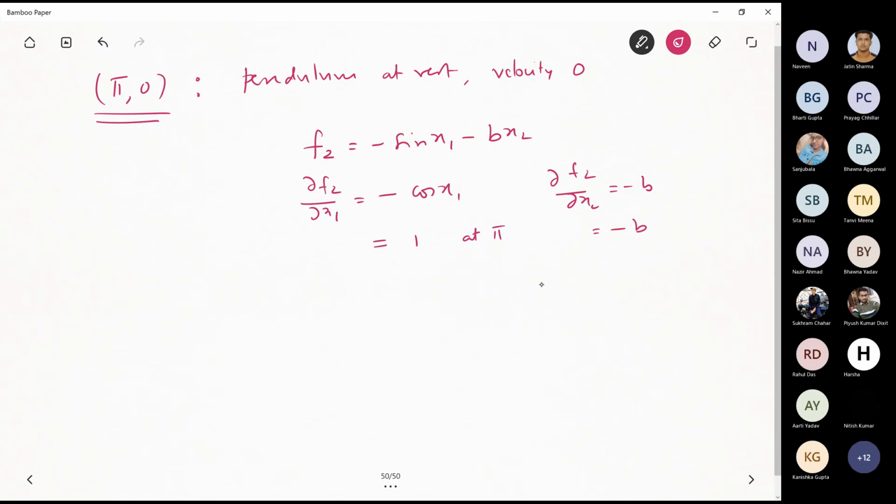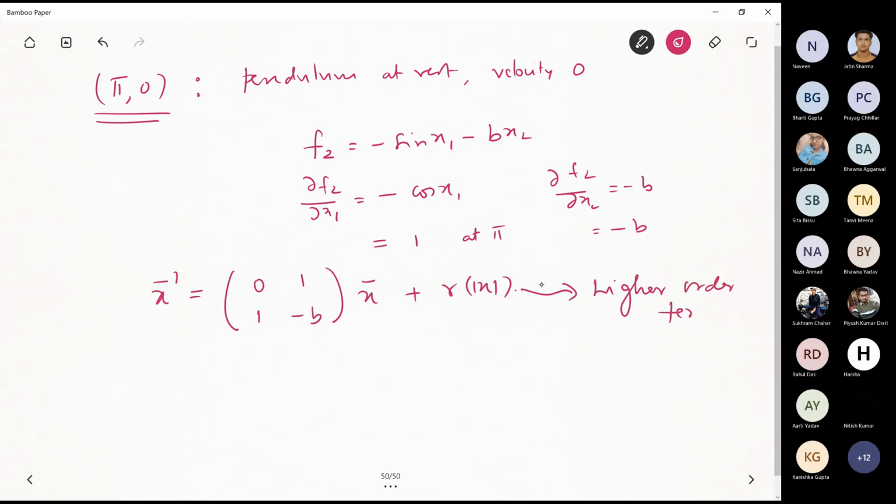Therefore, the matrix is now going to be 0, 1. For the first equation you have 0 and 1 because f1 is nothing but x2. And this one is going to be 1 and minus b, plus higher order terms.